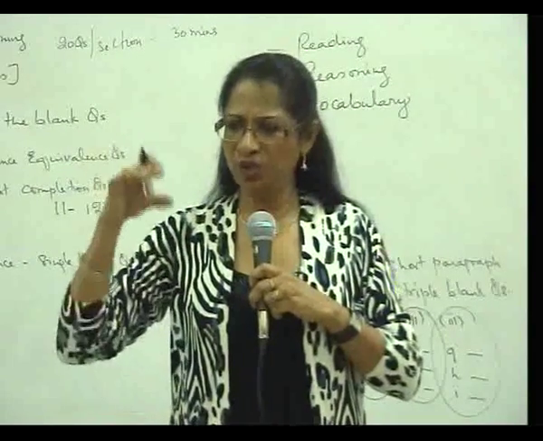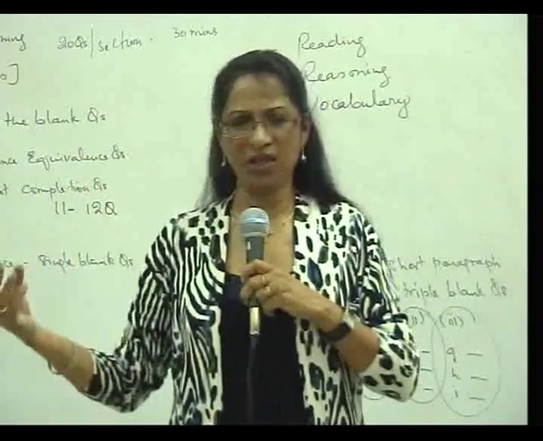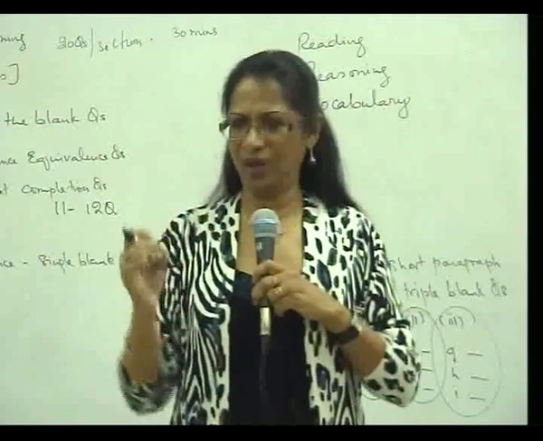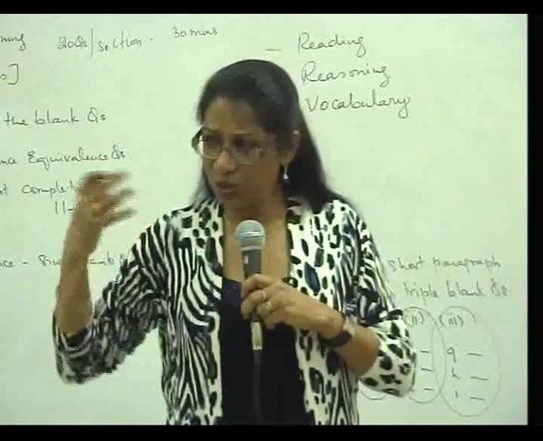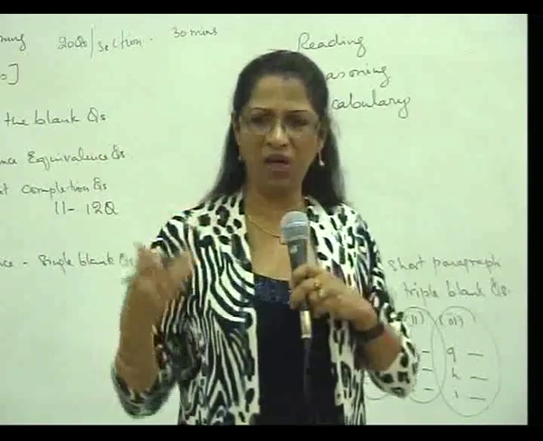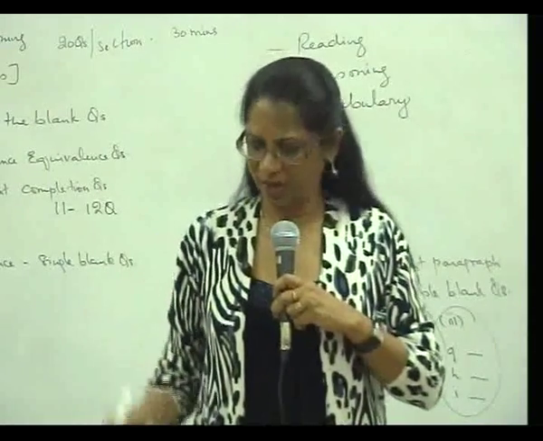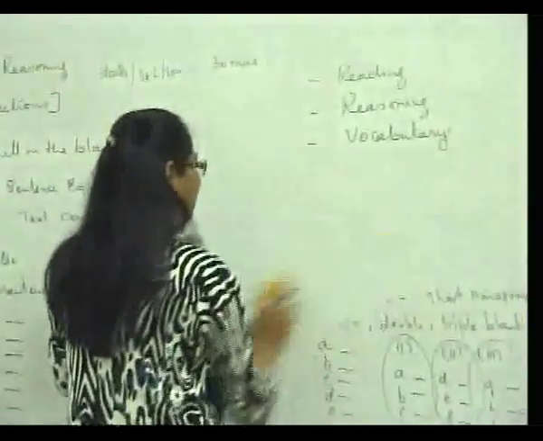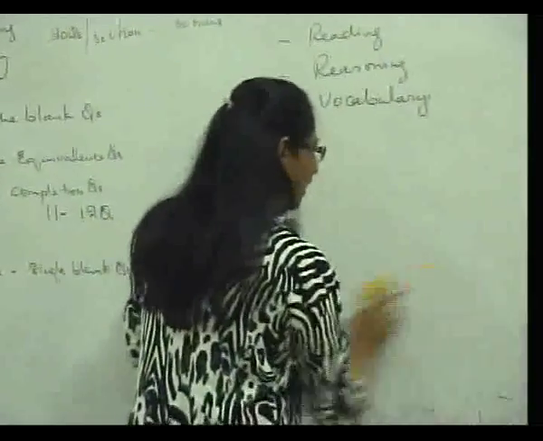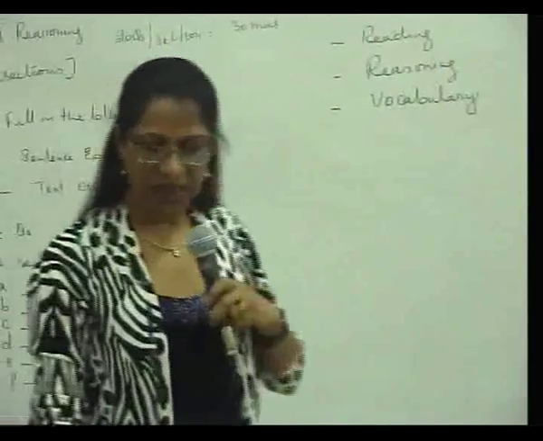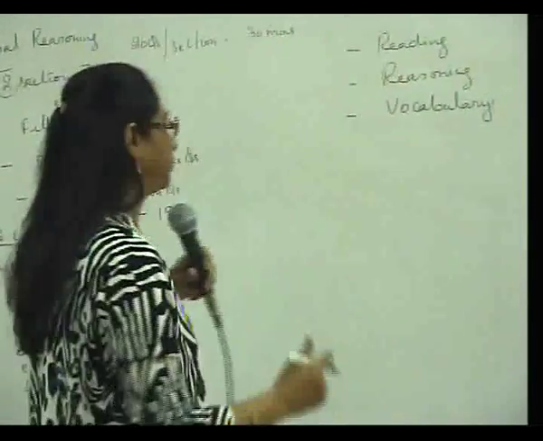So that using our reading, we get ourselves an idea about the missing word. And then we select the correct word by learning to understand the vocabulary. That means we need to put in some hard work in learning words as well. Okay, now that we have seen that these are the 3 basic skills, let me start by giving you a simple question. And let's see if you can give me an answer.